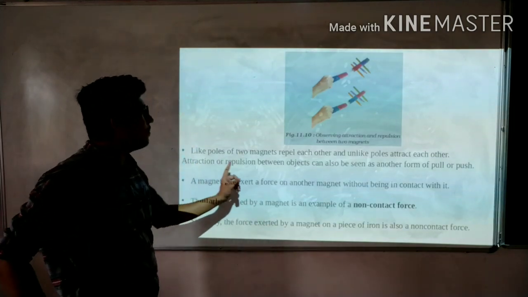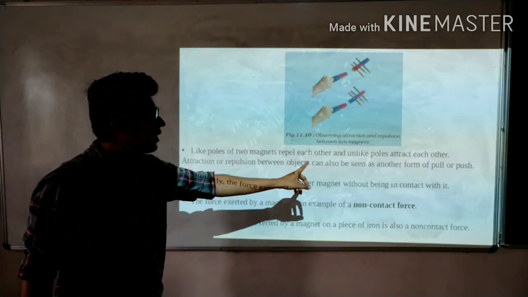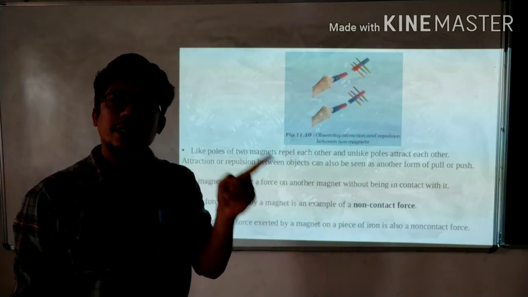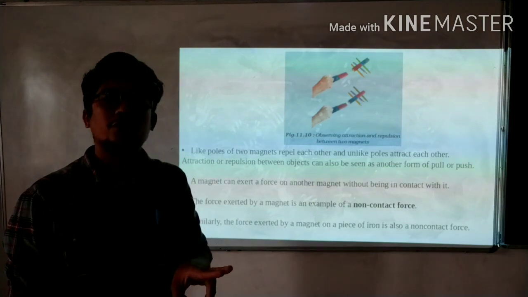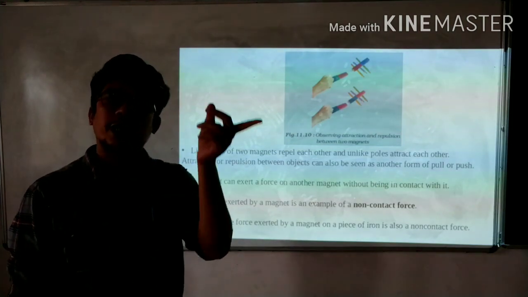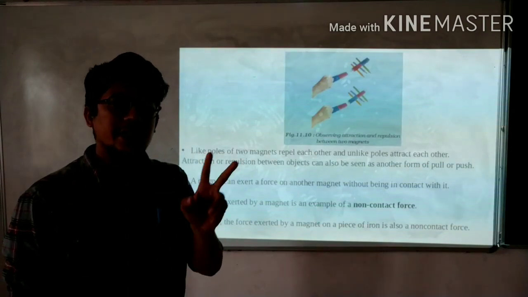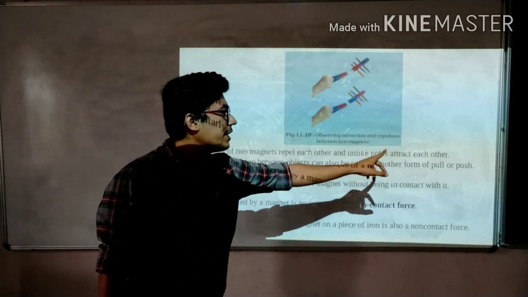Okay. So like poles of two magnets repel each other, and unlike poles attract each other. North pole and south pole are unlike poles.